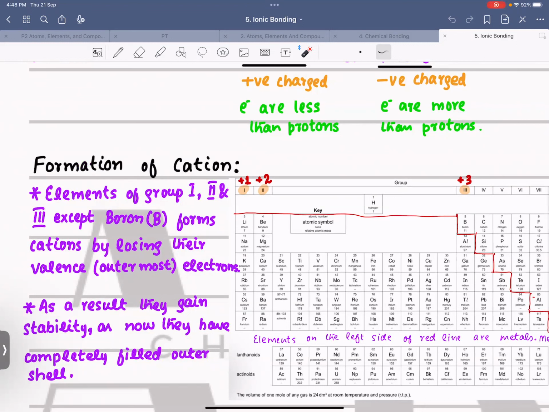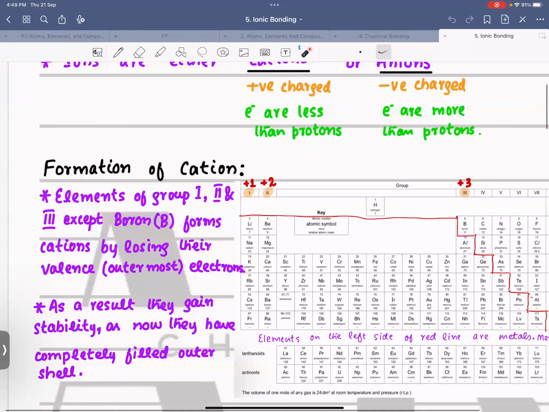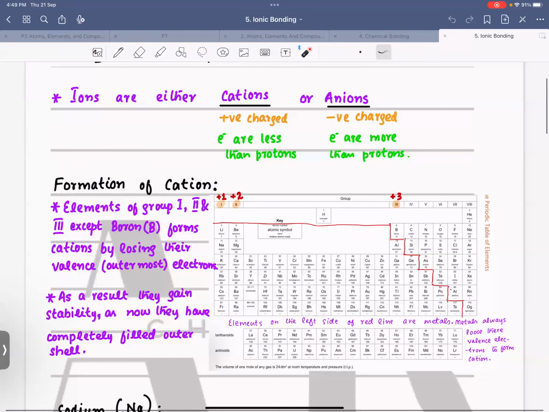If we talk about group 1, how many electrons do they have in their outermost shell? One. So all of them are going to lose one electron and possess a +1 charge. The elements in group 2 have 2 electrons in their valence shell, so they are going to lose 2 electrons and form a +2 charge ion. Besides boron, all of the group 3 elements are going to lose 3 electrons, as their outermost shell has 3 electrons, and get a +3 charge. Is this clear? Yes.